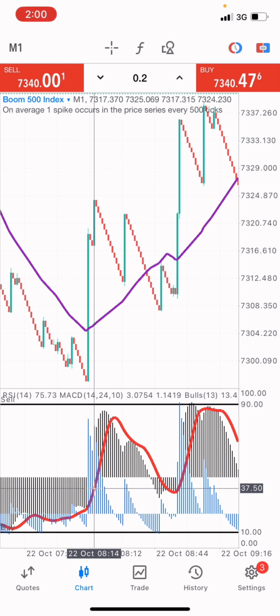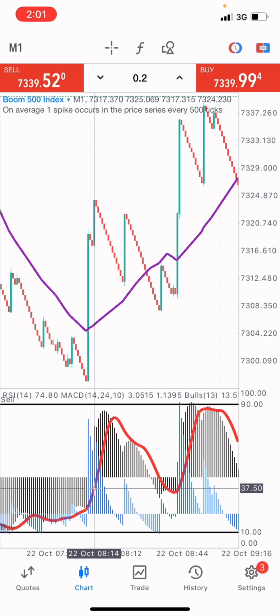The bull's power works together with the MACD, and also it works with the stochastic oscillator as well, so that you'll be able to see a possible buy and sell entry points, and how to successfully scalp the market, taking advantage of some more price movement from the market.